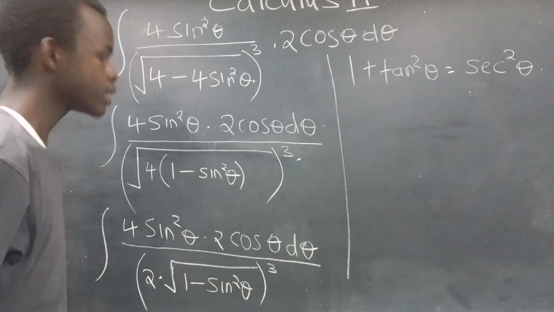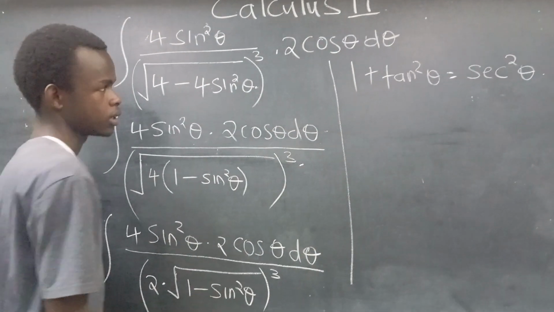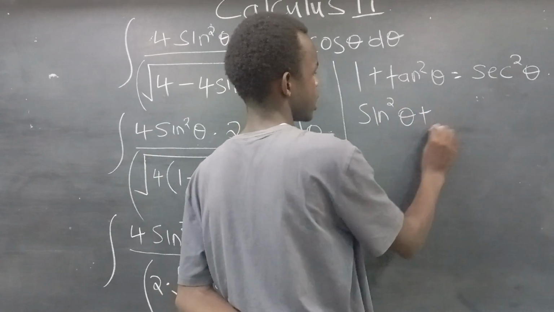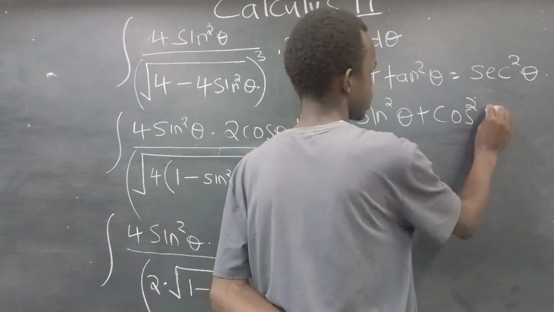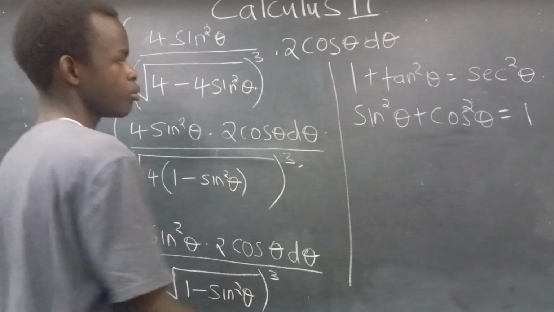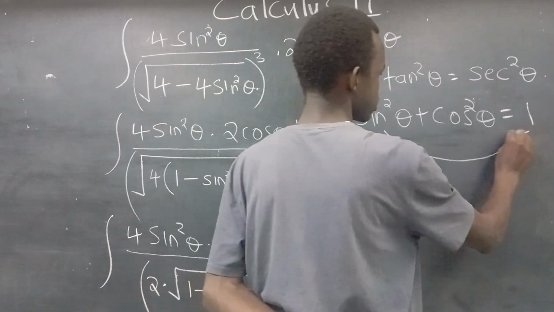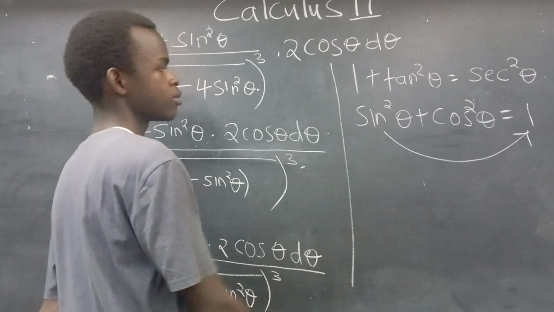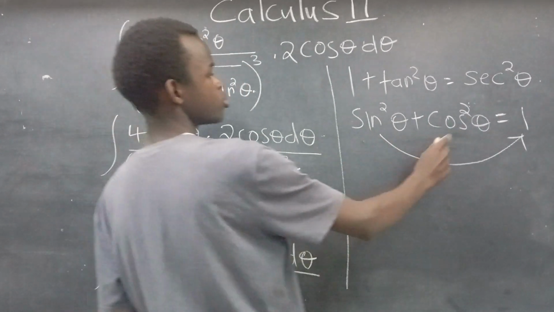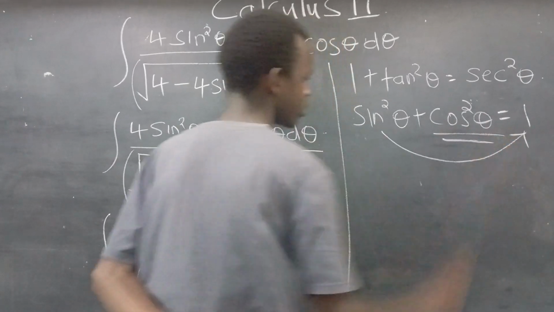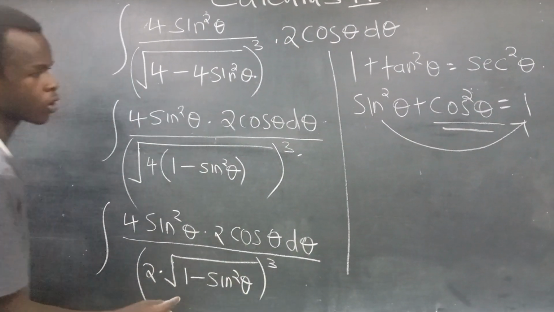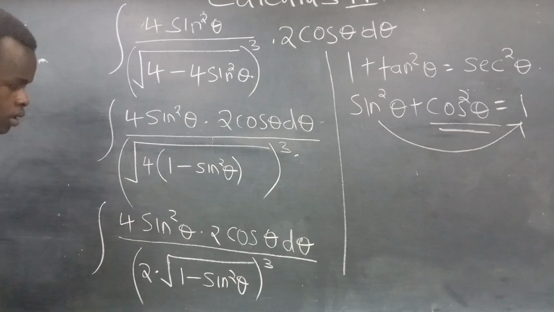There's another Pythagorean identity: sine squared of theta plus cos squared of theta equals 1. So when I move my sine squared to the other side, 1 minus sine squared of theta is my cos squared of theta. So I'll replace all these expressions with cos squared of theta.